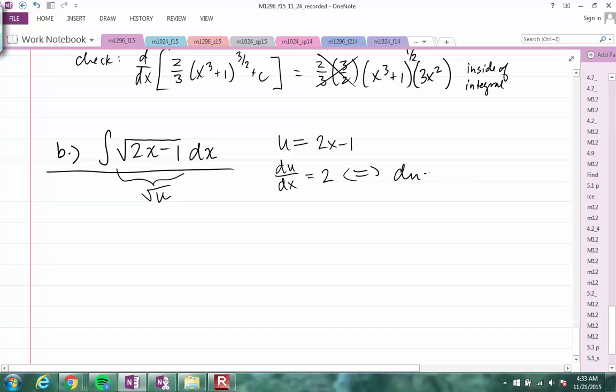Write as the differential du by multiplying both sides by dx, du equals 2dx. So now we want to compare this 2dx with the rest over here. Well, all we've got is just dx. So dx versus 2dx are not the same.